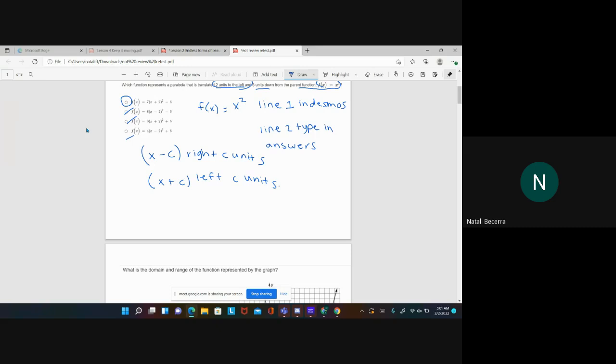You do the opposite of what your brain tells you to do. So you would think x minus c, well, all the negatives on the line are on the left side. No, you do the opposite of that because of the parentheses. And then the 6 down, anything that is going to be vertical is always going to be outside of the parentheses.